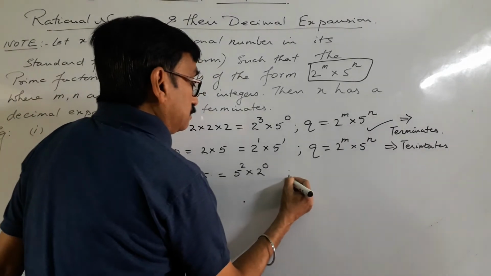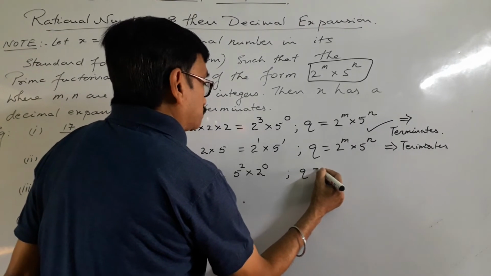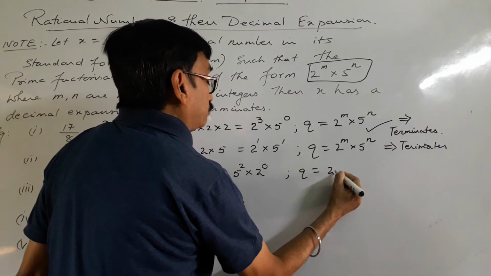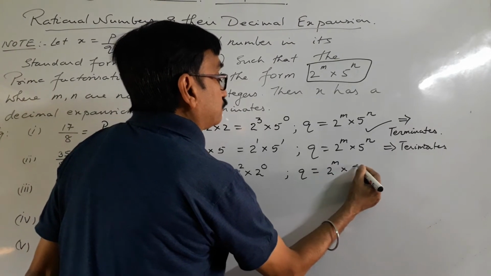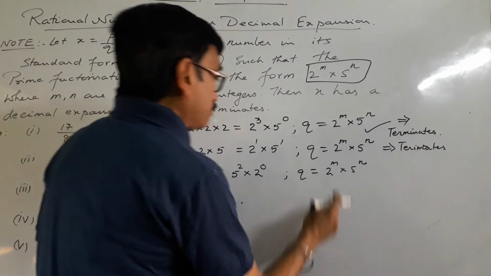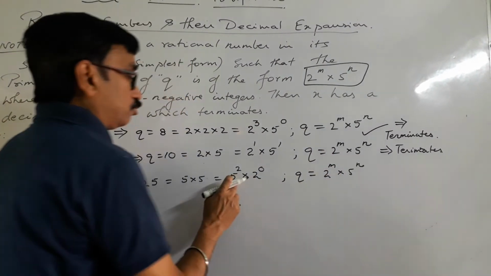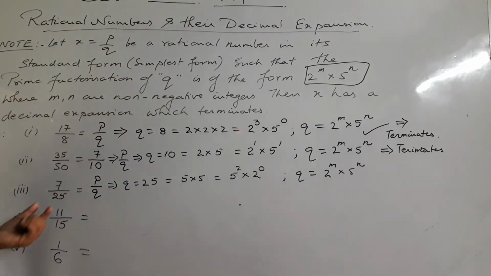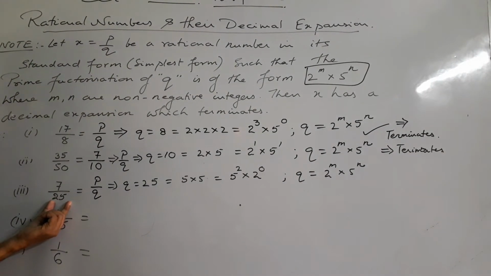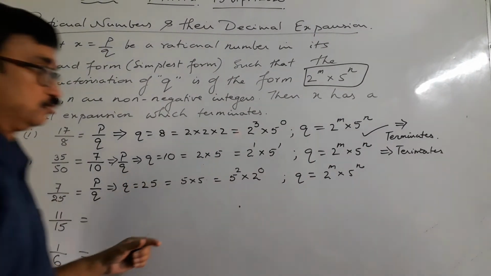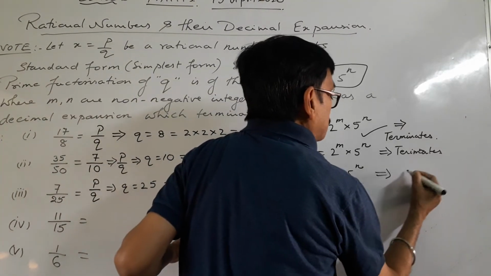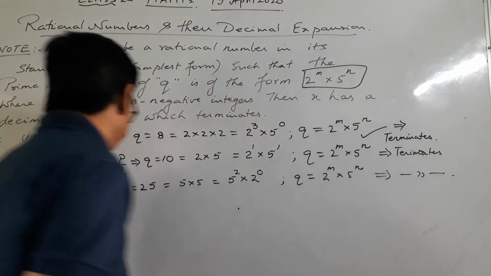So here q is again of the format 2 to the power m into 5 to the power n. So the value of m is 0 and the value of n is 2. It means that this number's denominator can be divisible by 5. So this number is also a terminating number.